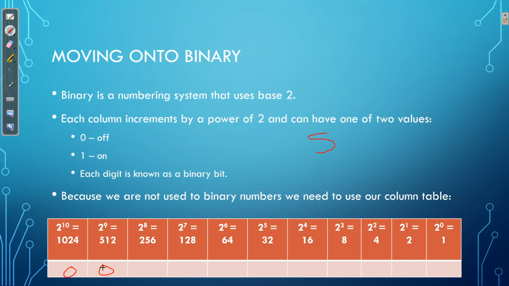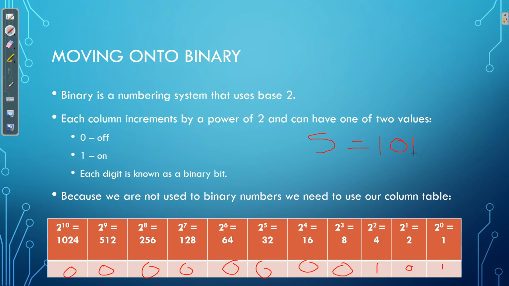We don't need that, we don't need that, not that either. So we obviously don't need these. Now, 4. Do I need 4 to make decimal 5? Yes, I do, so I put a 1 there. Do I need a 2? Well, no, because I've only got 1 left. Do I need a 1 to make decimal 5? Yes, I do. So decimal 5 in binary is 1, 0, 1.